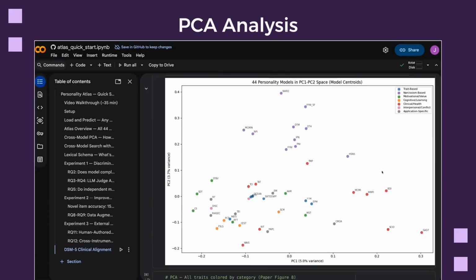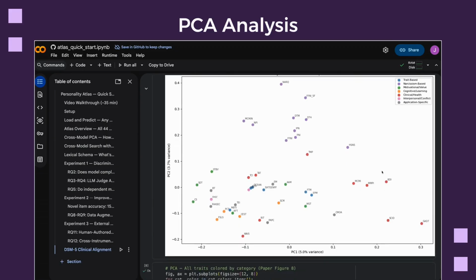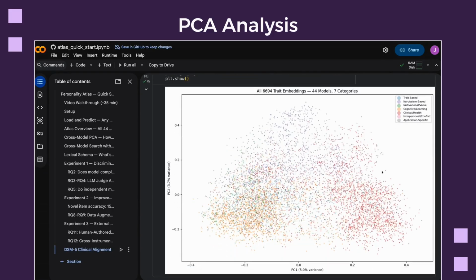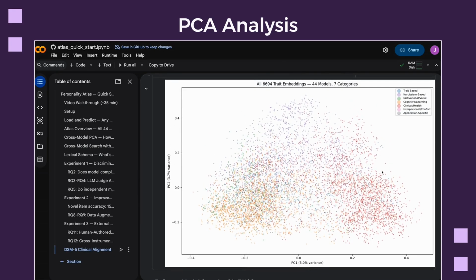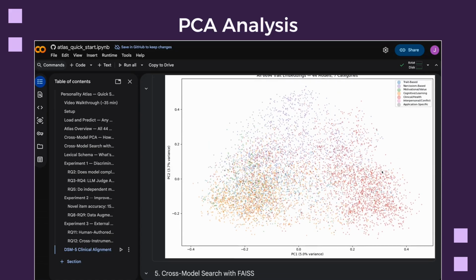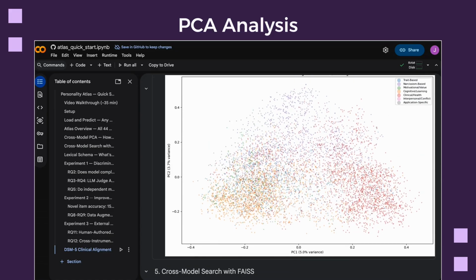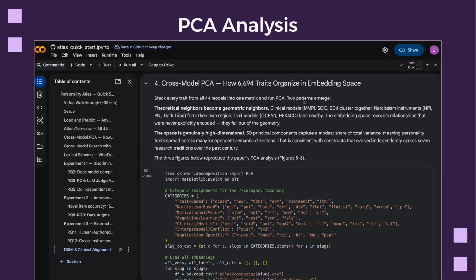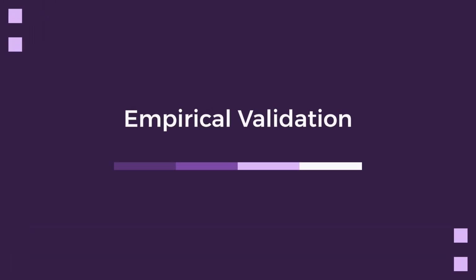The SCID plot shows variance explained across 50 principal components. The cumulative variance climbs slowly across all 50. The traits genuinely spread across many independent semantic dimensions. Personality constructs that evolved independently over a century don't compress into a handful of directions. We ran 3 major experiments to validate the computational atlas.